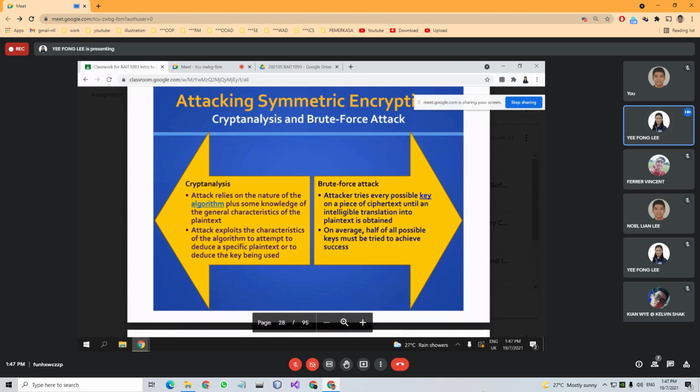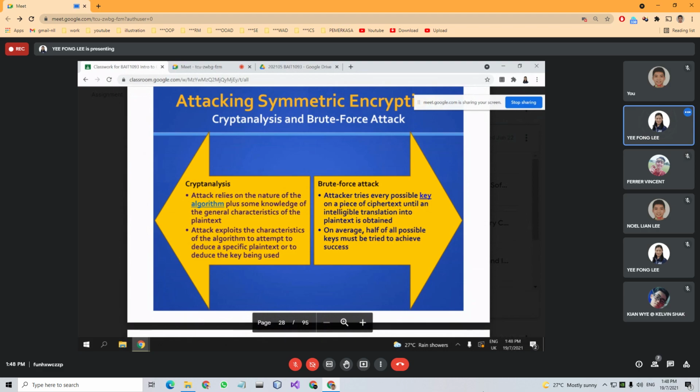They want to recover the plain text. So there are two general approaches used to attack conventional encryption methods. These are the two ways. Okay, two methods to attack conventional symmetric encryption: cryptanalysis and also brute force attack.